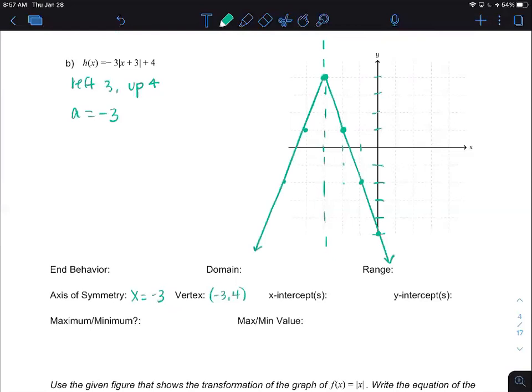All right. So our end behavior we can see is down, down. Our domain is -infinity to +infinity. Our range is different here. So we start at the bottom with our arrows. So we're going to start at -infinity. And then our maximum value is 4.